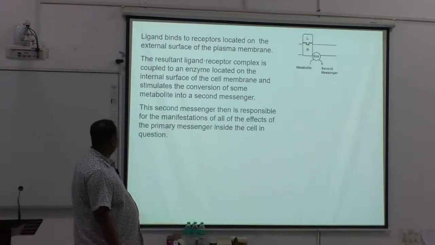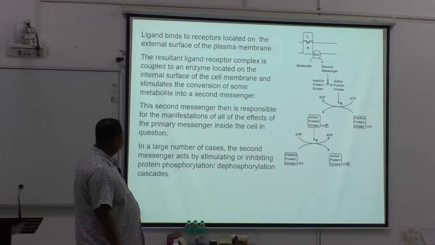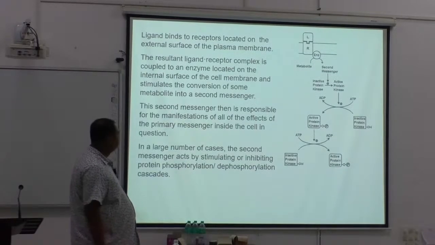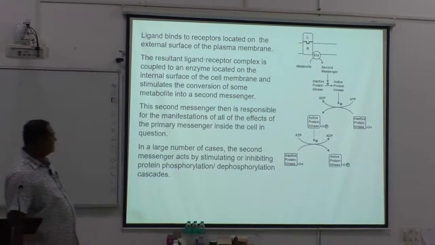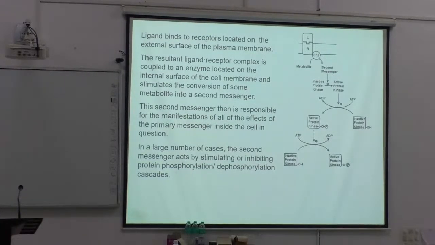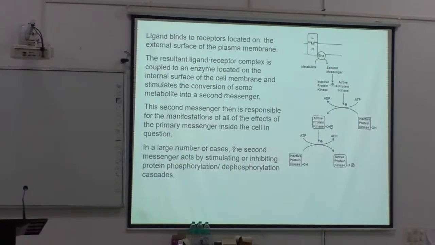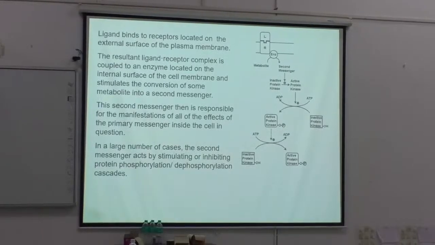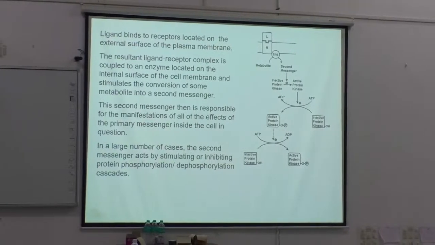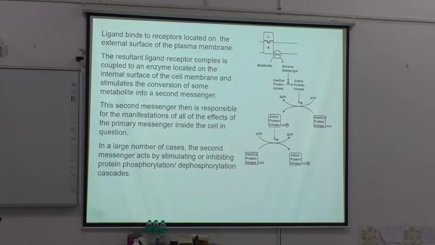Here I am going a bit fast, those things are already mentioned here. Now this diagram you might find similar to that of the glycogen regulation. Cascade pathway, one kinase stimulating another kinase, like that, step by step.